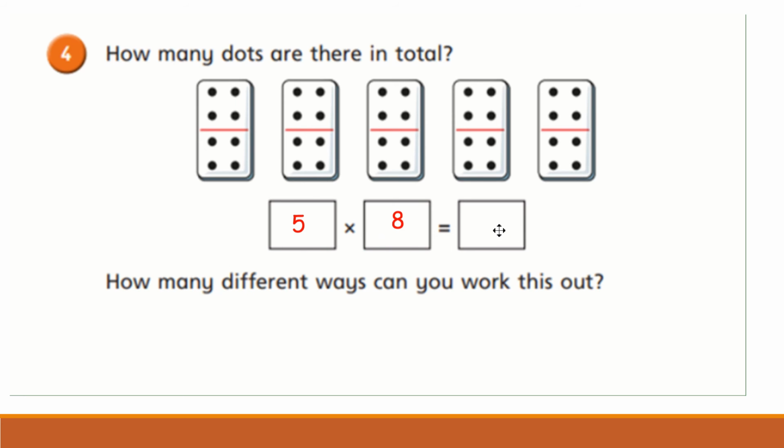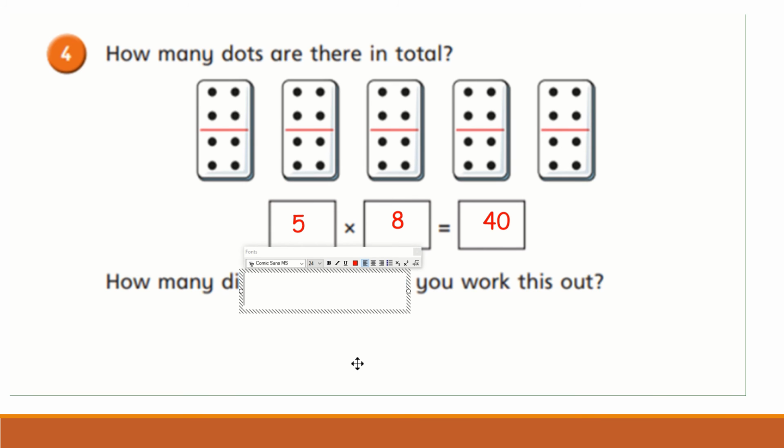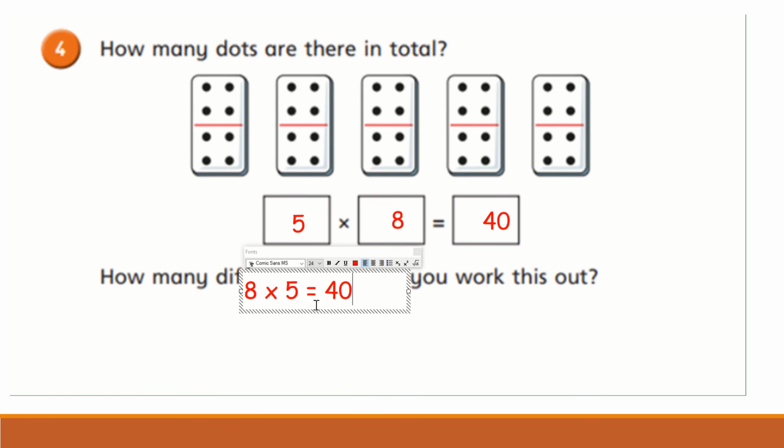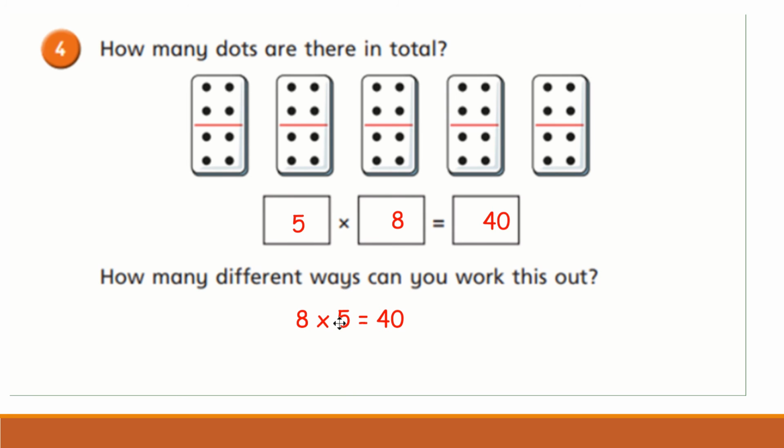So there are 40 altogether. It does ask you how many different ways can you work this out, and I'm sure you would have been able to come up with other ways of working them out. We could have used 8 times 5 to equal 40, and that would have given you an answer too. Well done.